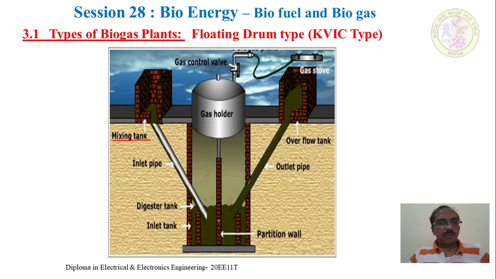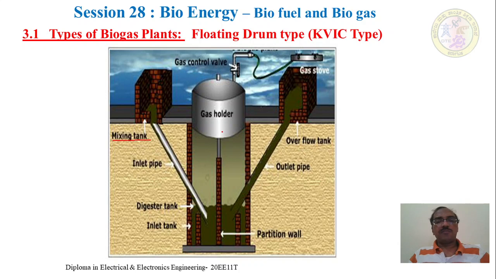Here a partition valve is there, so you have got the digester tank, an inlet tank, and then this is an outlet pipe through which, after the gas pressure builds up, the slurry will be pushed out and collected.